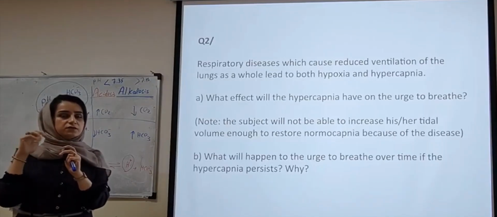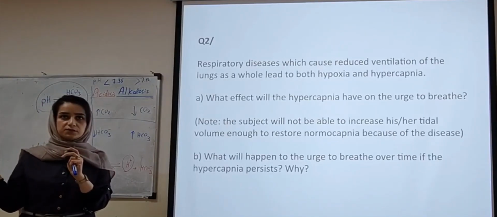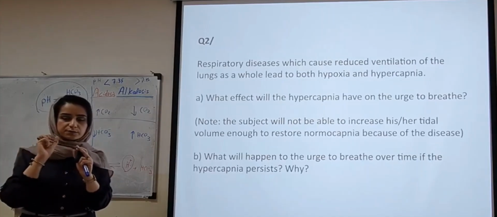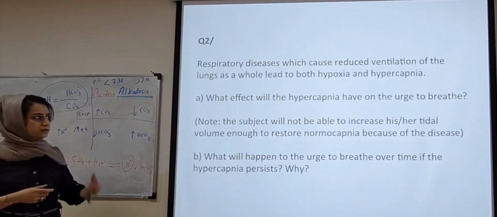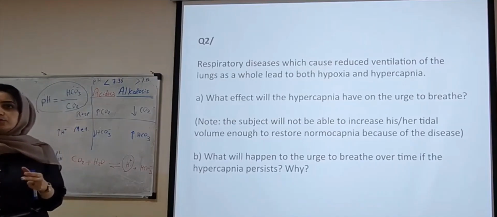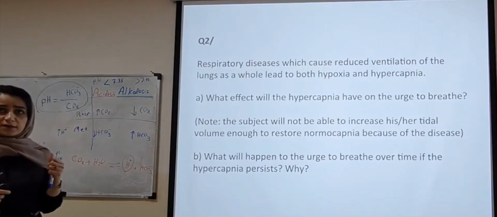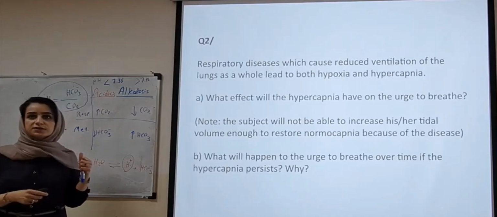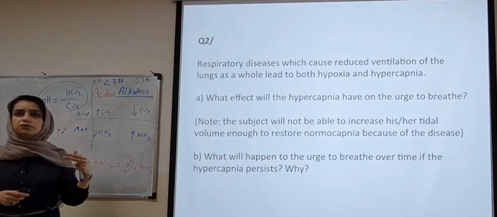It will cause pumping of the bicarbonate to increase or decrease in order to adapt to the change in the pH. This is the central chemoreceptor. That's why it will adapt to the change.